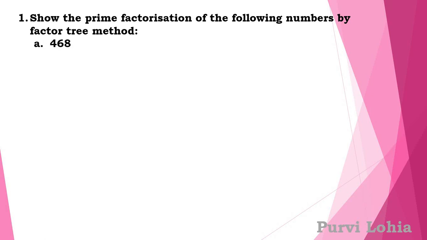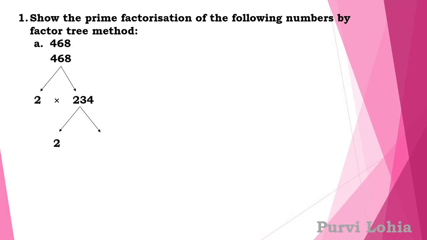So 468 will be written as, it will be divided into two parts in which the first one will be the prime factor and the other one will be its partner. That means when you divide 468 by that prime factor, the quotient will be the next number. So it will be 2 into 234.